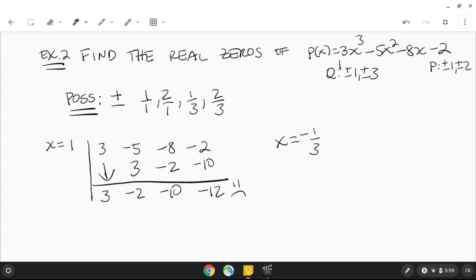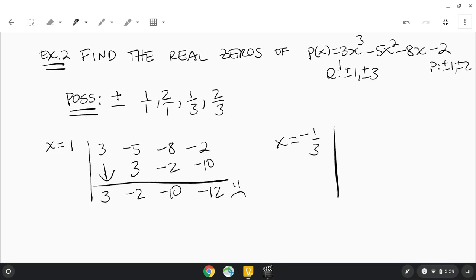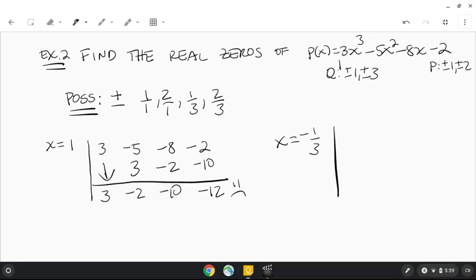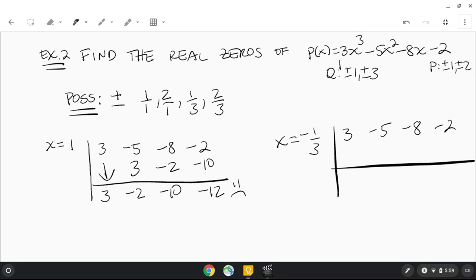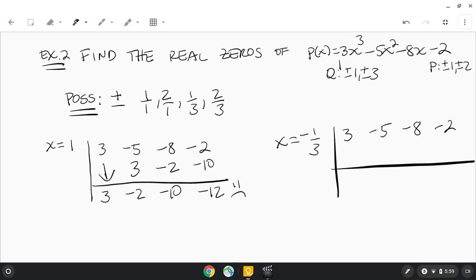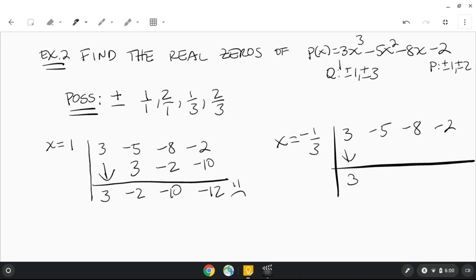My polynomial is 3, -5, -8, -2. All right, bring down that 3. So 1/3 of 3 is 1, but that's going to be negative. Combine -5 and -1, and we get -6.